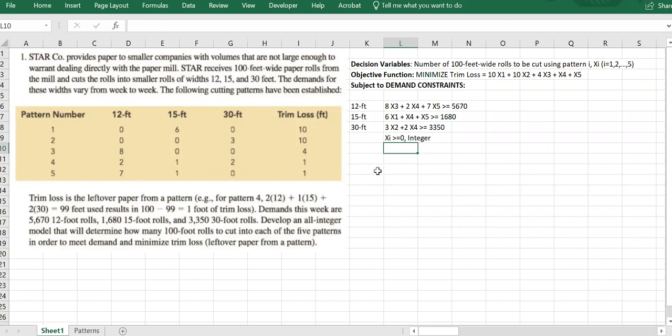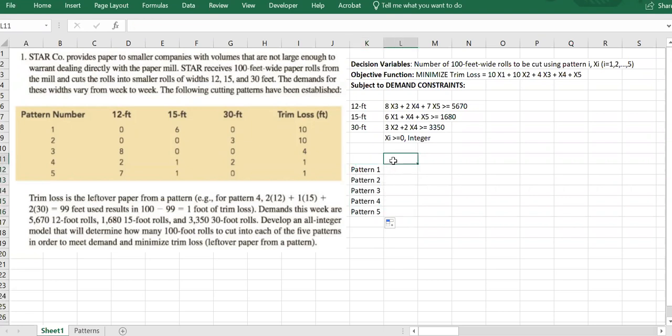Now, let's go ahead and solve it in Excel. That was our mathematical formulation. Now I'm going to model it in a spreadsheet in Excel, and then we're going to use Excel Solver to solve it. So pattern 1, 2, 3, 4, and 5.